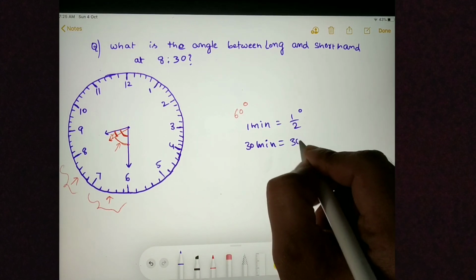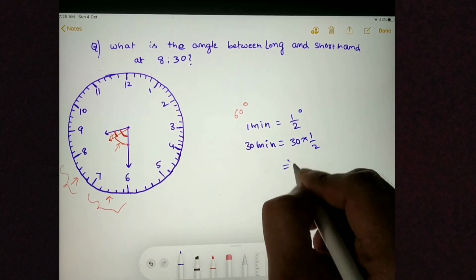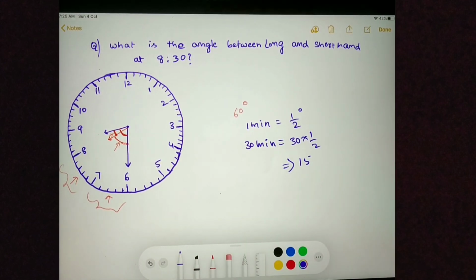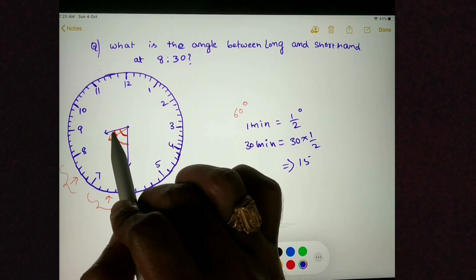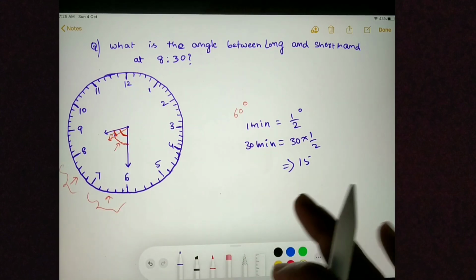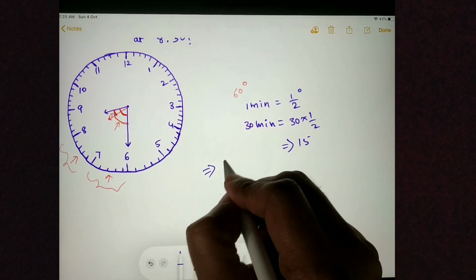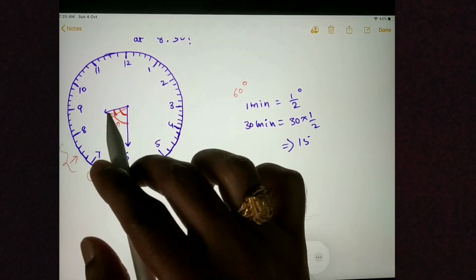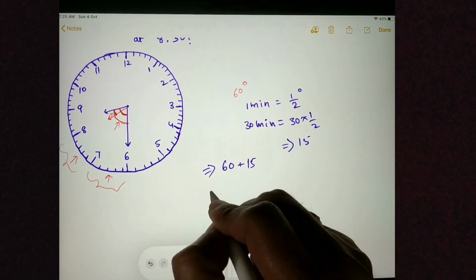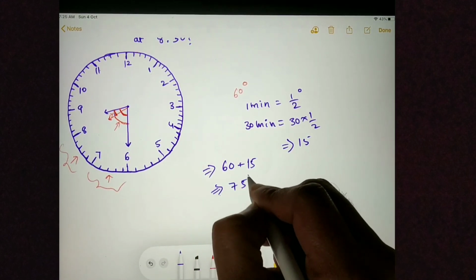That is 30 into 1 by 2 is 15. Now we got this angle as 15 degrees. The answer will be this angle, that is 60, plus this angle 15. 75 degrees is the answer.